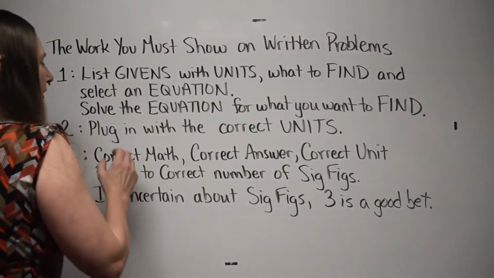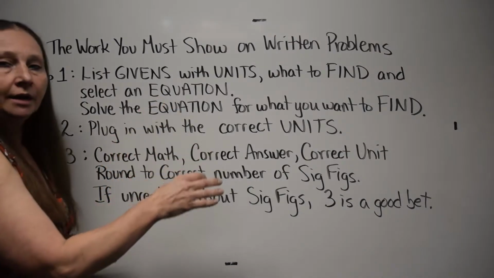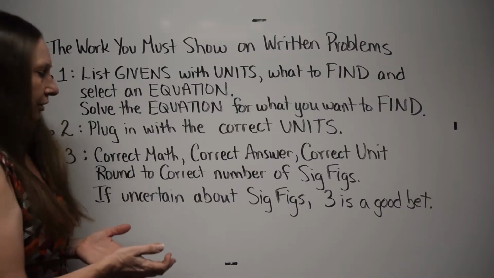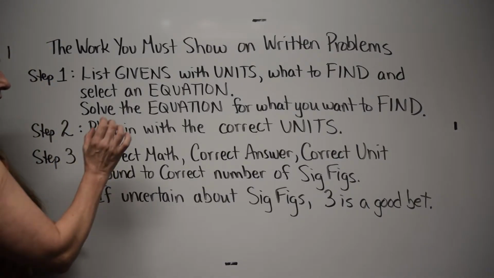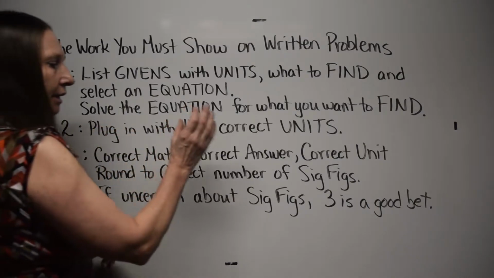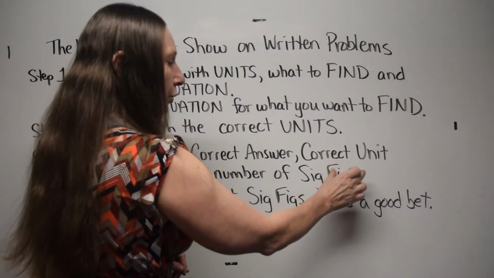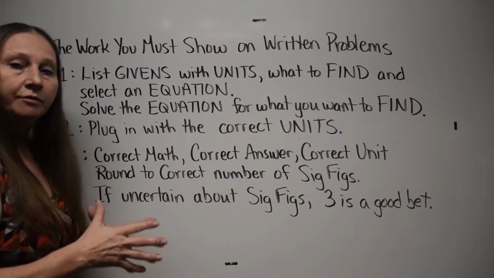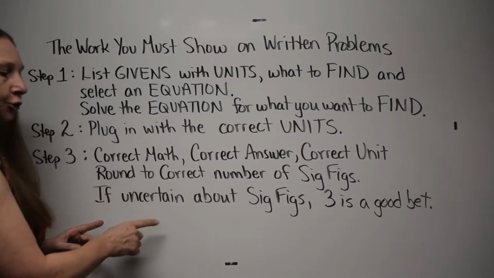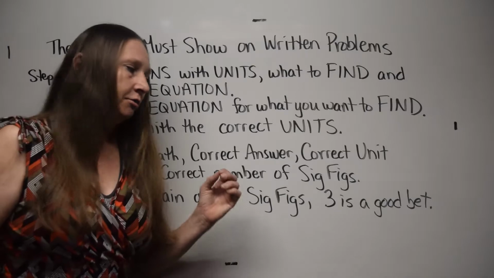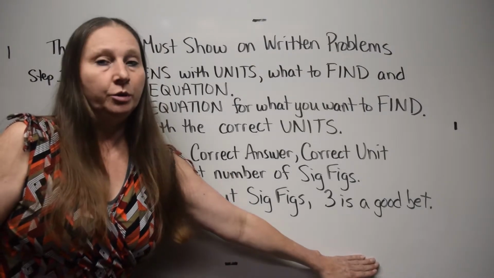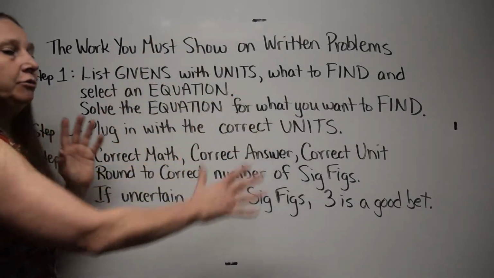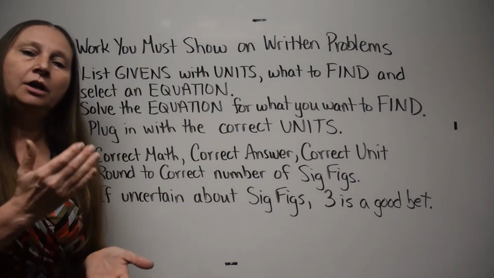Step 2, you plug in the correct numbers with the correct units. Step 3, do your math carefully, get the correct answer with the correct unit, then round to the correct number of significant figures. If you're not sure how many sig figs to round to, 3 is always a good bet. Okay, so remember that you have to write all this if it is a written question.